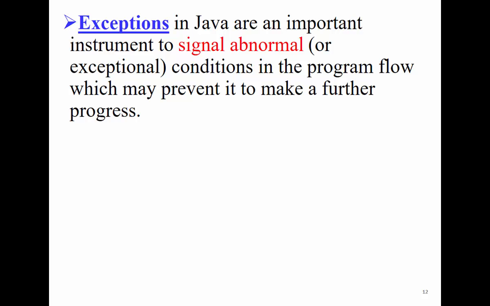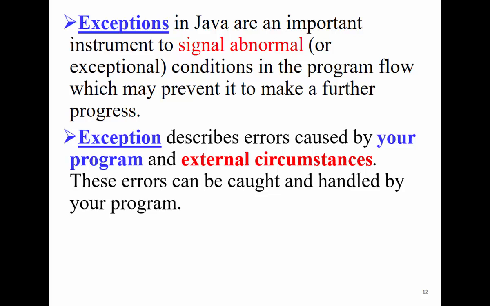So the exception is a very important instrument that signals something abnormal inside Java. Java uses this exception to signal something that is abnormal. An exception normally describes an error that is caused by your implementation.